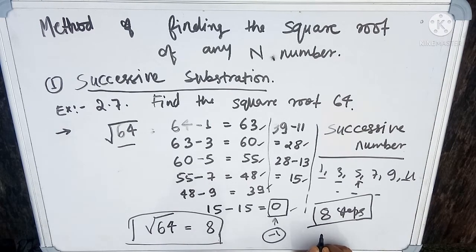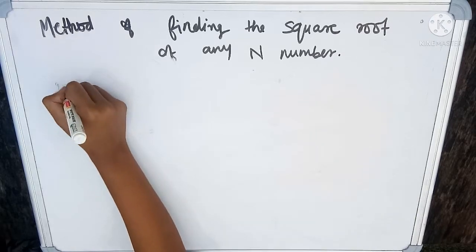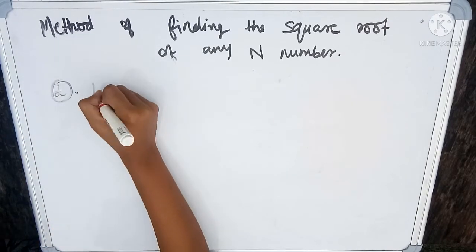What that number exactly will be, we cannot find using the successive subtraction method, because this method is suitable only for perfect square numbers. Now I hope you understand what a perfect square number is. Let us discuss the next method, which is the prime factorization method of finding the square root of any number. The next method, method 2, is the prime factorization method.